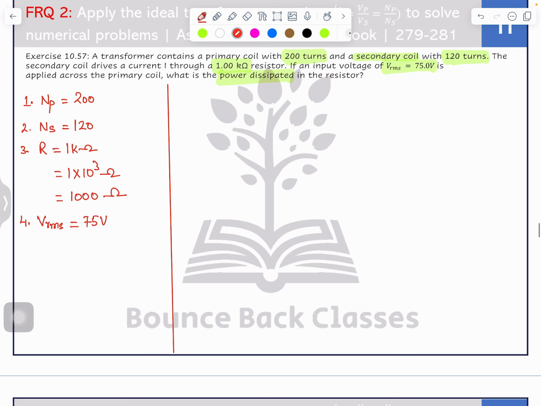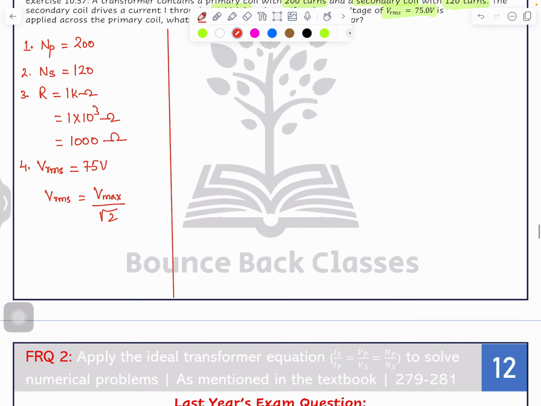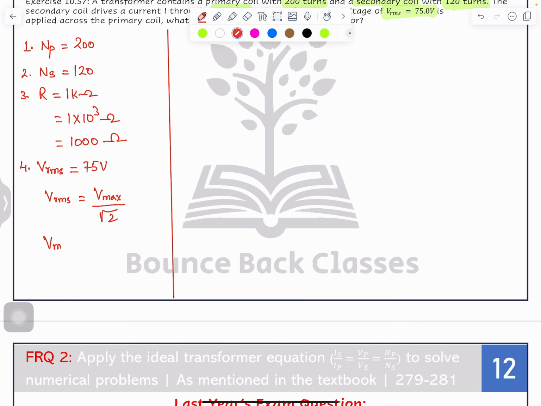What you need to understand, V primary, I told you as per the formula. VRMS is equal to V max divided by root 2. Yes or no? So can I say V max is equal to root 2 times VRMS.